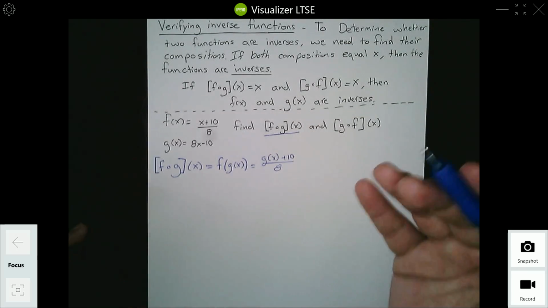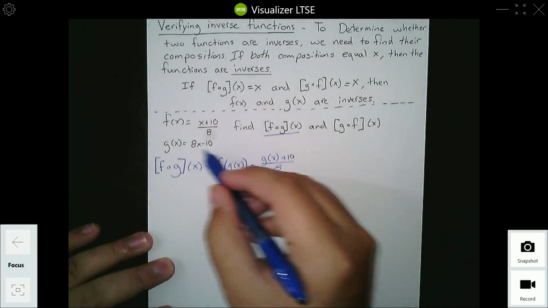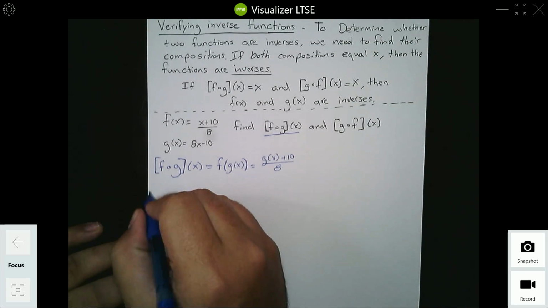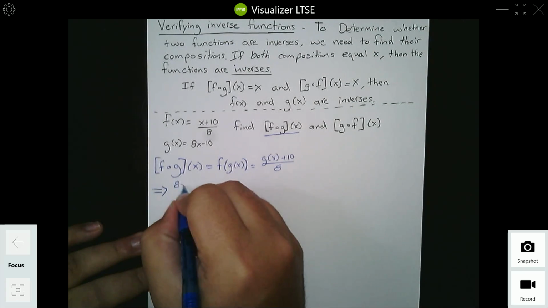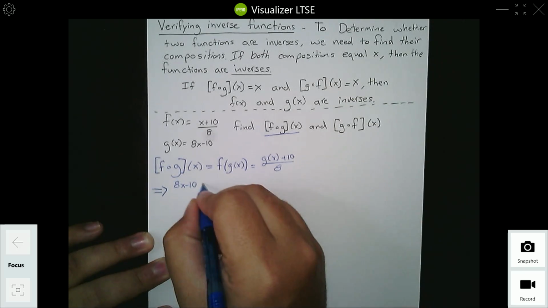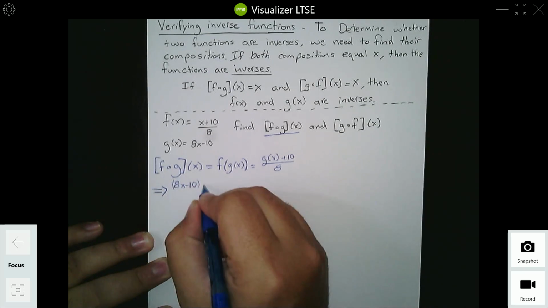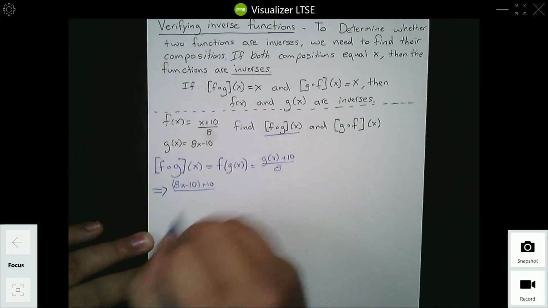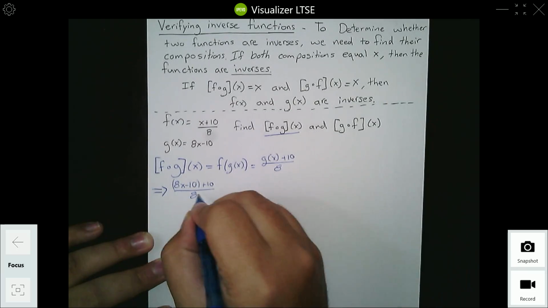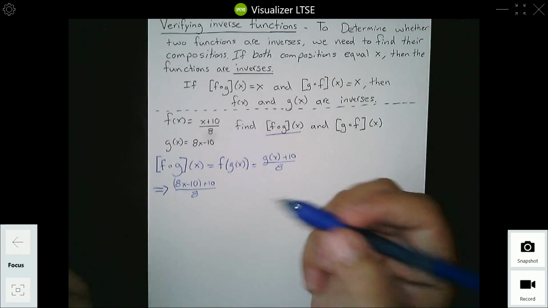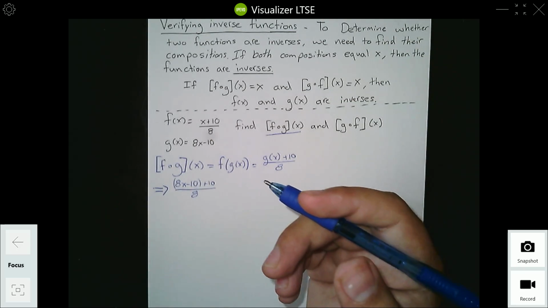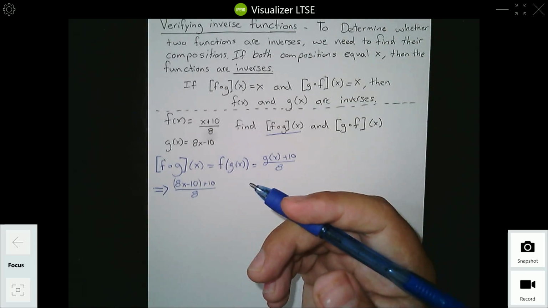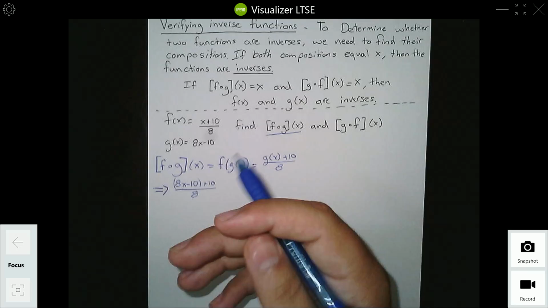So now let's plug in this equation. g of x is going to be right here, 8x minus 10, plus 10 divided by 8. Those parentheses aren't really doing us anything. There's nothing multiplying or dividing that term, so we can get rid of them because it's on the top.